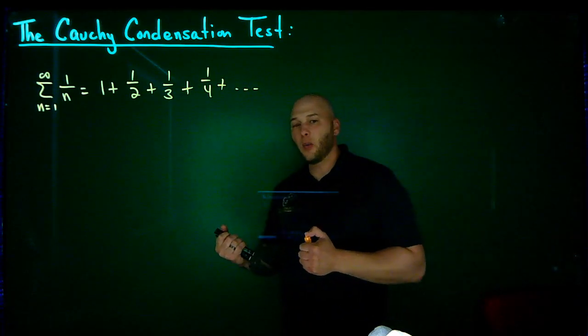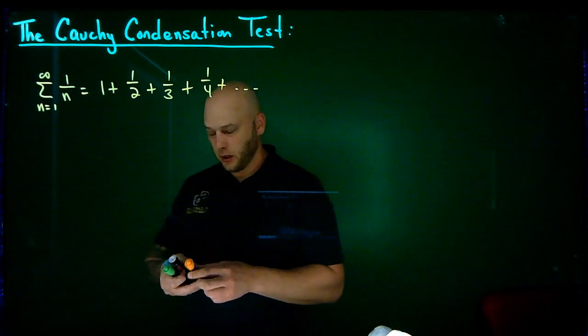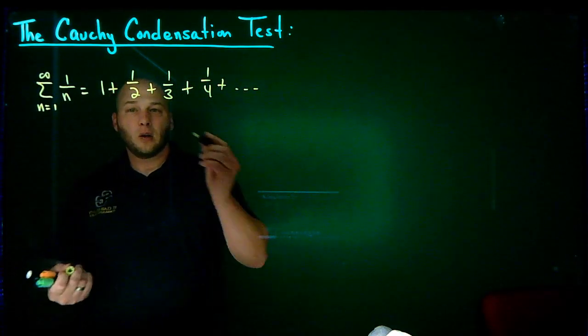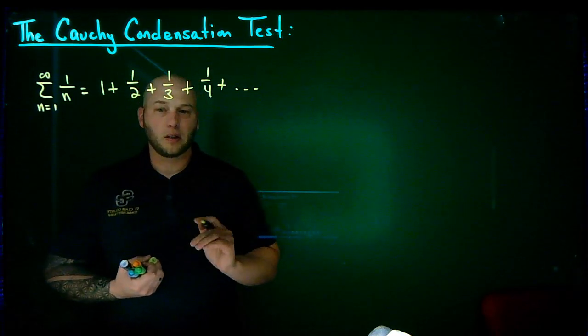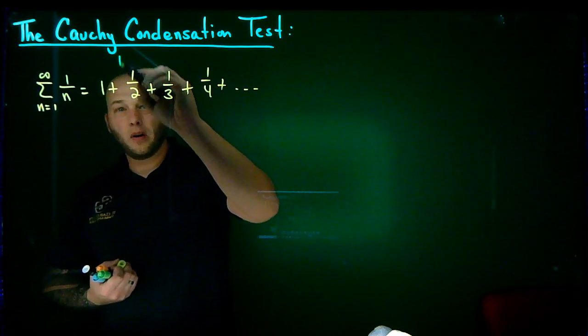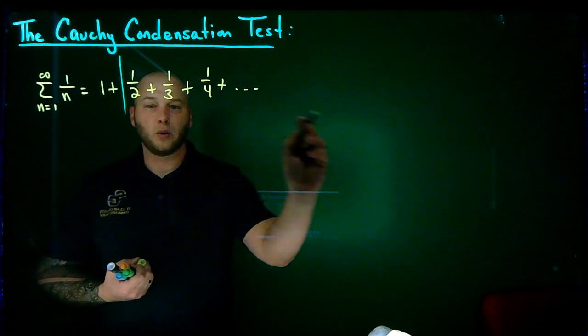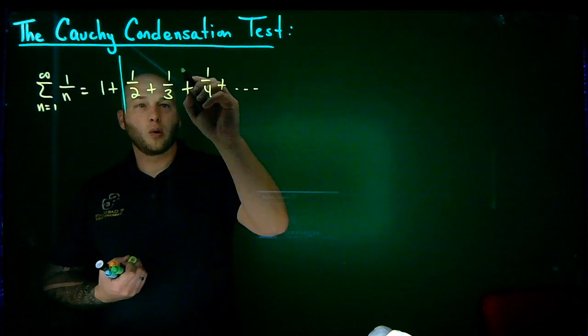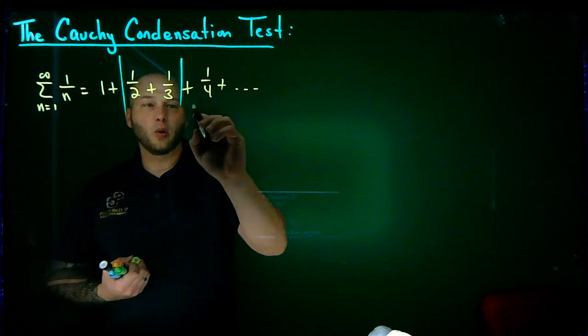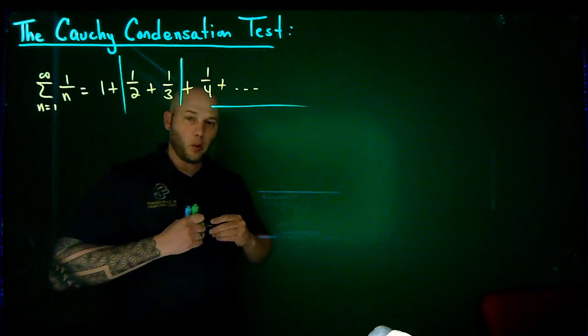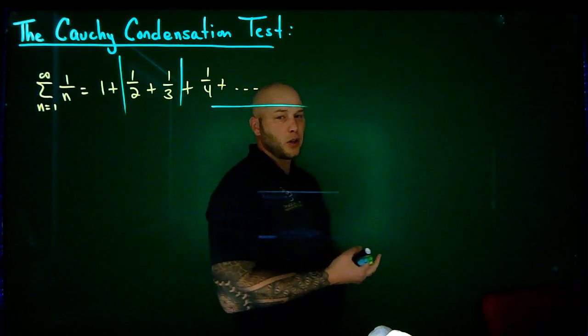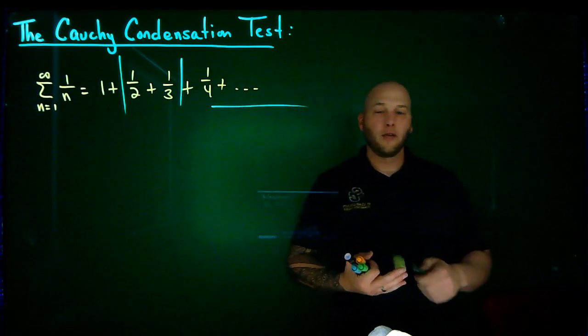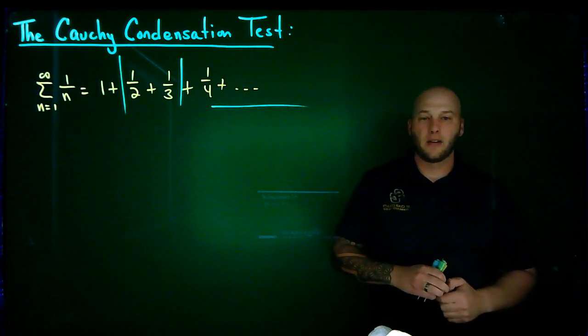It turns out that we can determine convergence and divergence without using the entire series. I could ignore the first term and only use the rest, or ignore the first 3 terms and only use the rest. More formally, a series converges or diverges if and only if every single tail converges or diverges.